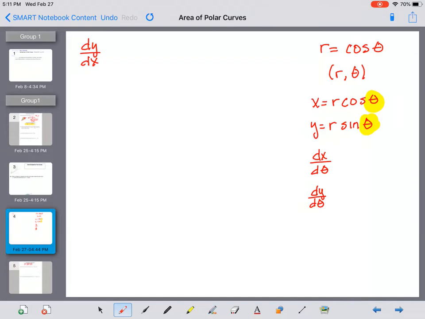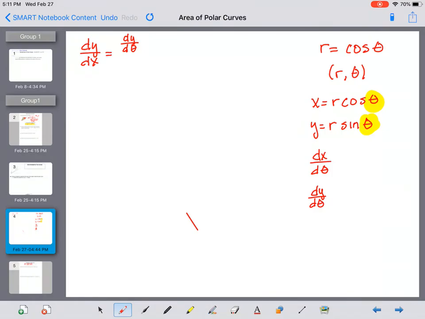Again, nice because that dy that I need for the slope of a curve is present. So if I go back to this idea of dy over dx, well, dy is just the change in y, but dy d theta is also the change in y. So I'm going to replace that, because it is the change in y with respect to the theta value in the actual equation.